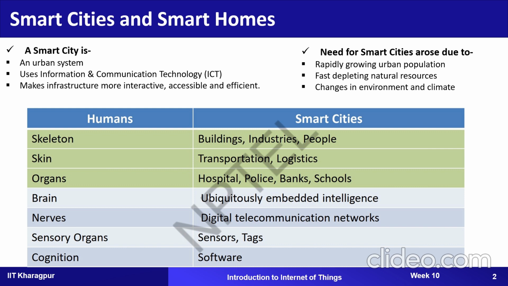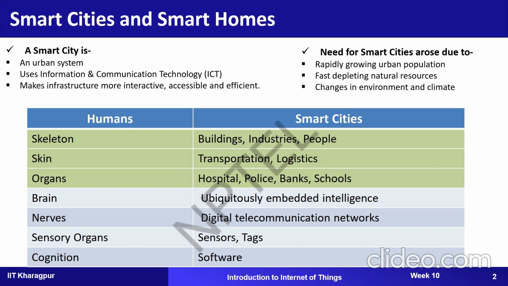Further, since the population is increasing, our natural resources are depleting very fast, so there is a need to utilize these resources properly. If we have smart cities, we can utilize those resources in an optimized manner.